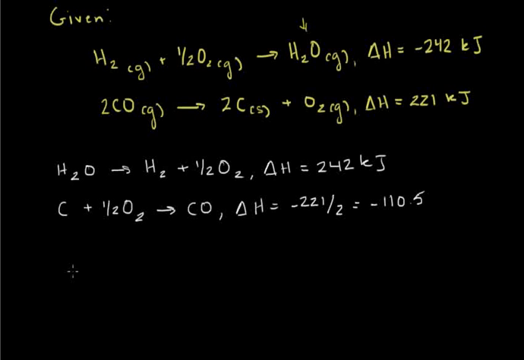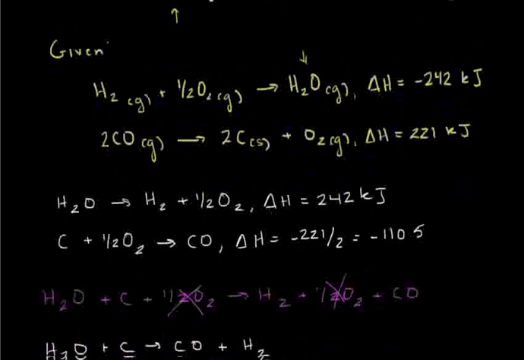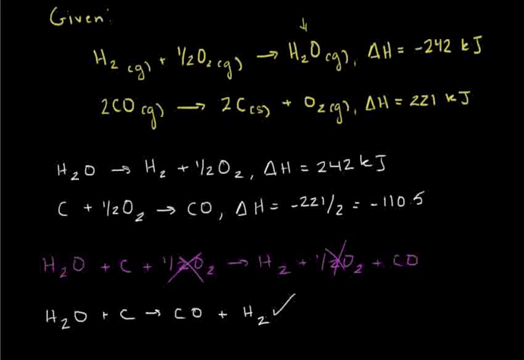I'll flip colors to a nice magenta, and we get H2O plus C plus 1/2 O2 yields H2 plus 1/2 O2 plus CO. Yay, we can cancel these 1/2 O2's, and our net reaction just becomes H2O plus carbon yields carbon monoxide plus H2, which I believe, and I'm correct, is the reaction we were looking for.